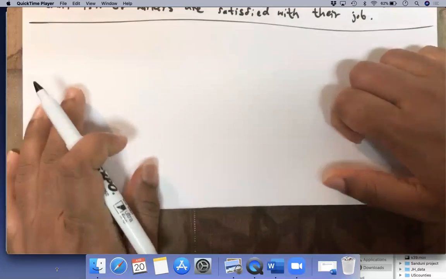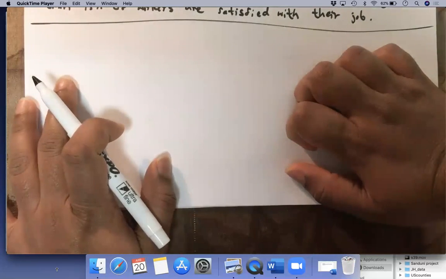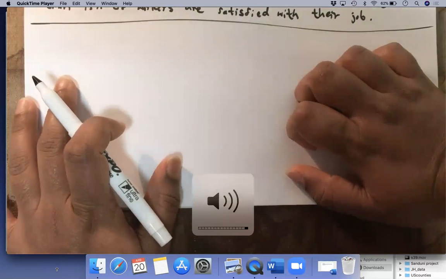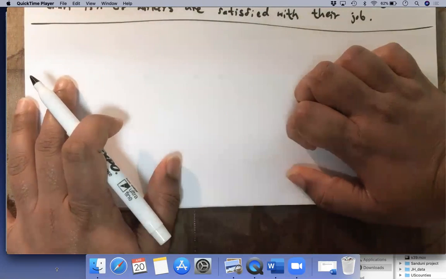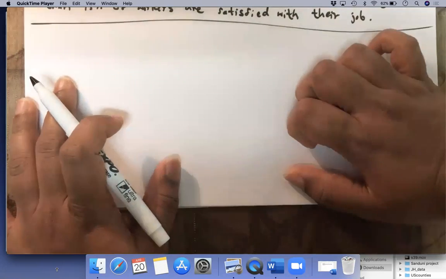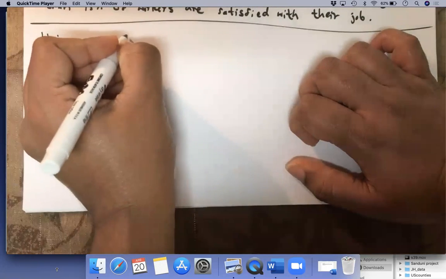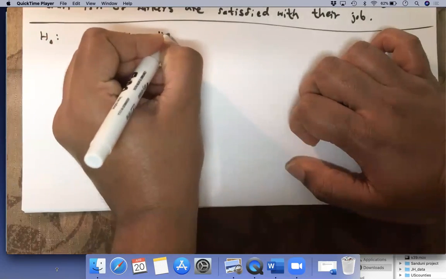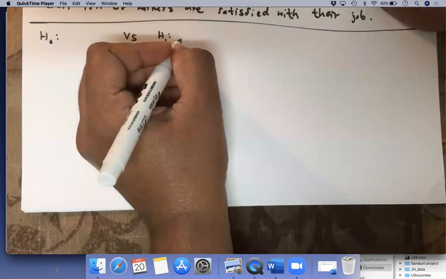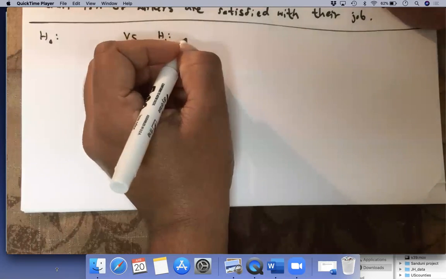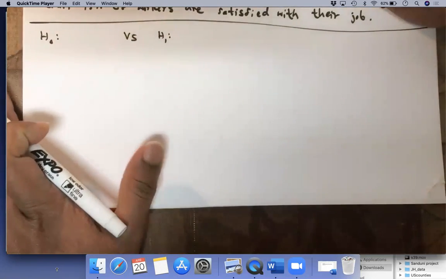First read the question. A researcher claims that the average cost of men's athletic shoes is less than $80. So that is the claim. First write down the hypotheses, H0 versus H1. This section is about mean.